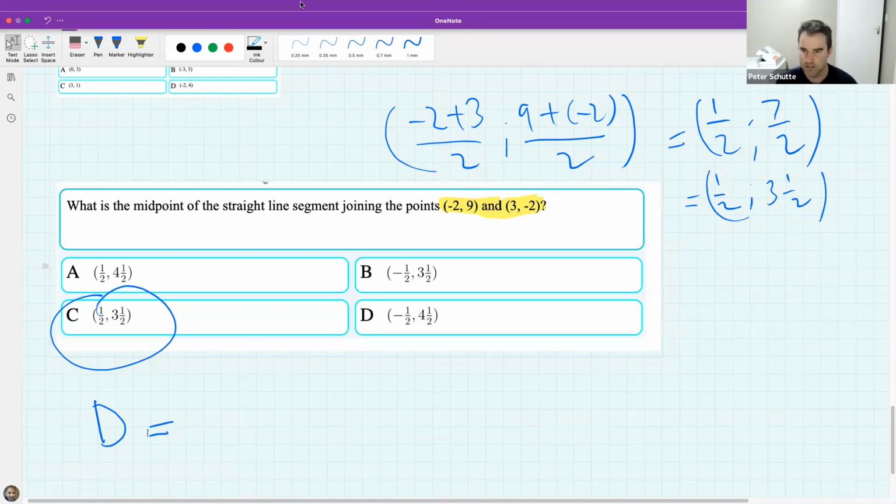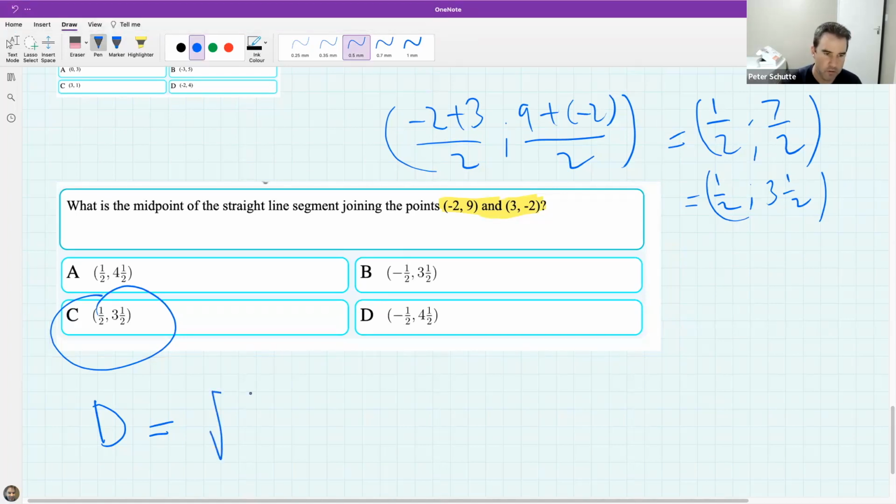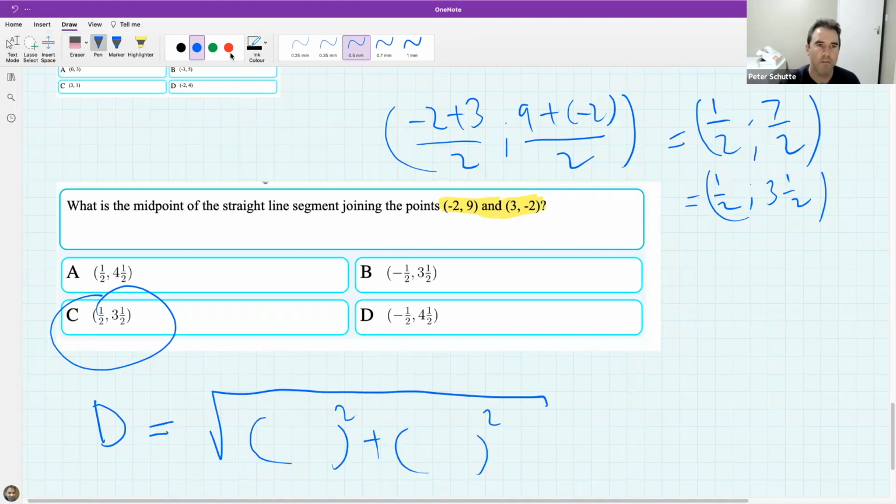What is the distance between these 2 points?